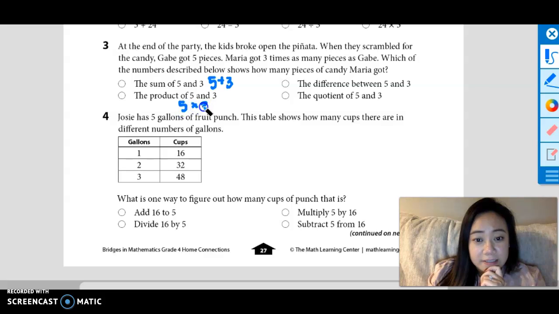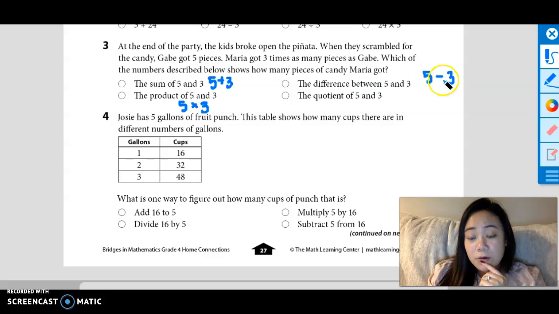So basically it's Maria got 5 times 3. Do you think it's that? This one, the difference between 5 and 3. Difference is subtraction. So is it 5 take away 3? Or is it the quotient of 5 and 3? Quotient is the answer to a division problem.